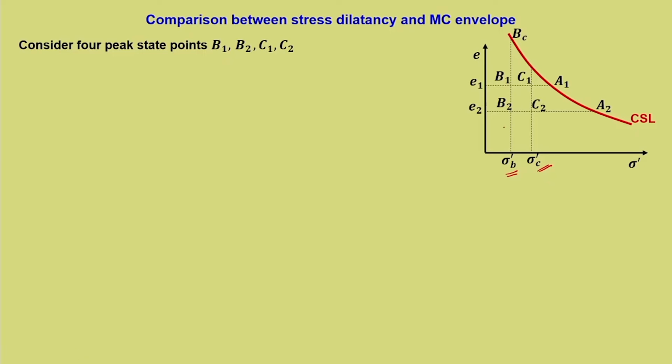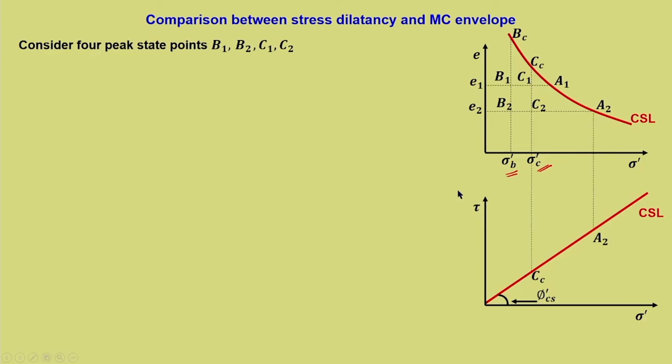BC is the point on the critical state line, and CC is the point on the critical state line. All the critical state points are mapped: BC, CC, A1 and A2.